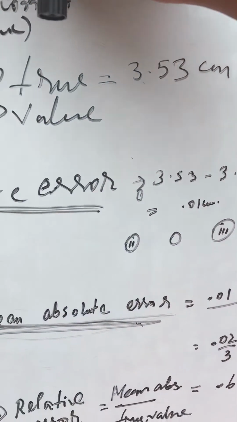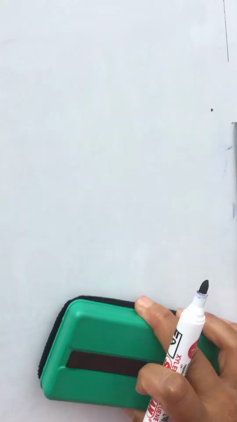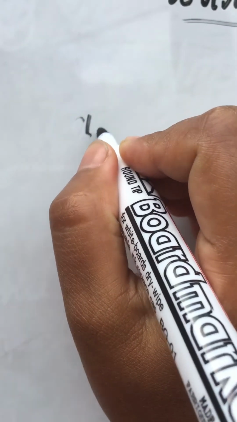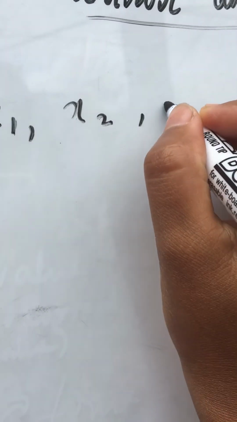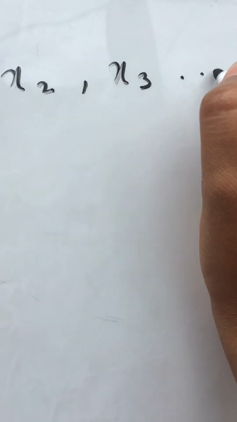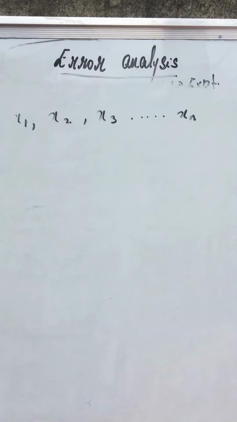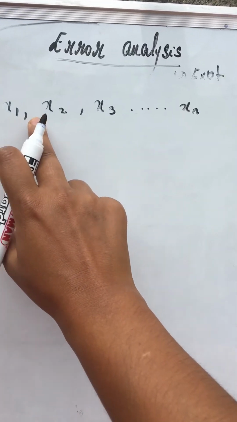One more thing, in the note I have given it in terms of symbols. Suppose a number of experiments have been done where the measurements are x1, x2, x3, up to xn. Many experiments have been done on a quantity and the readings have come.